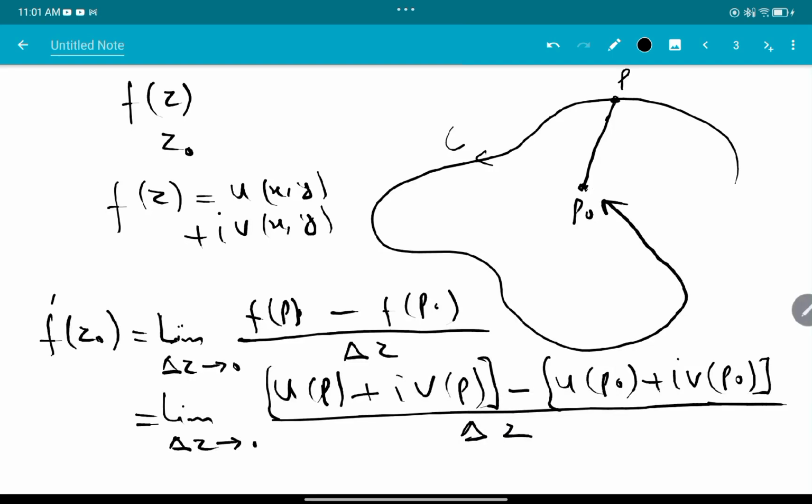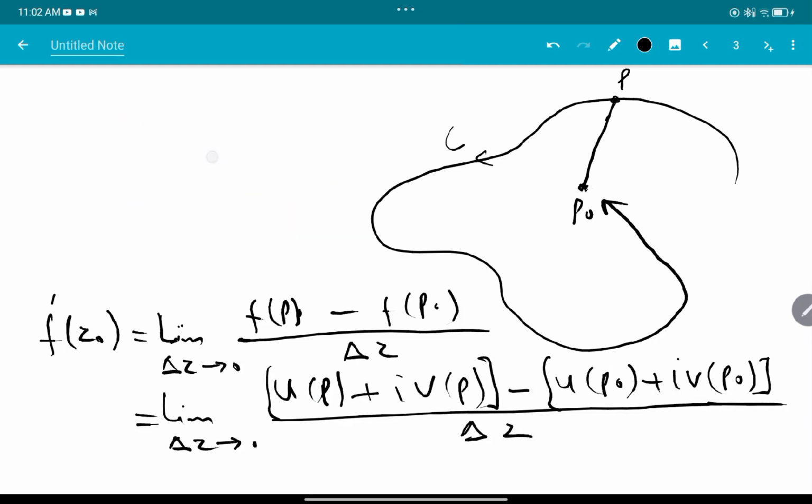Okay, now next we will do one thing. We will bring these two terms on one side and these two on the other side. Let us do it here.